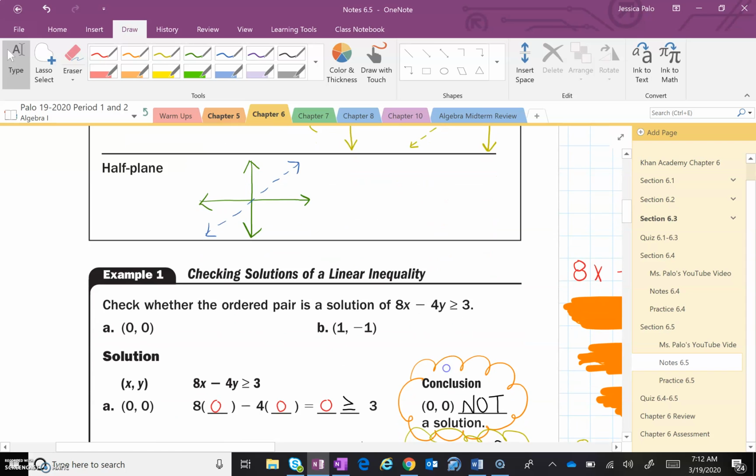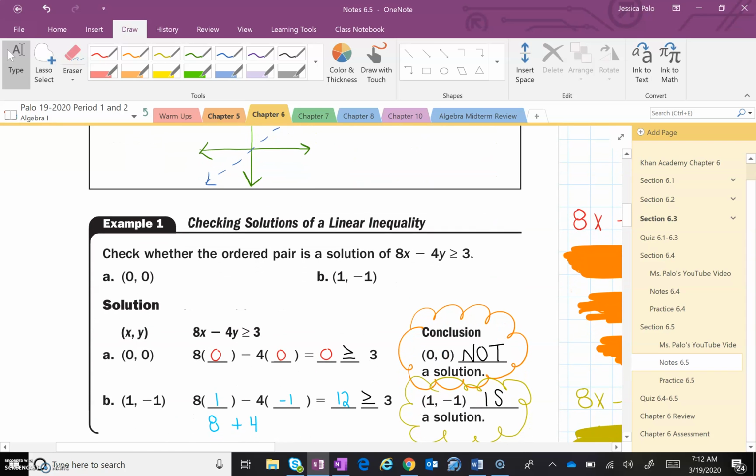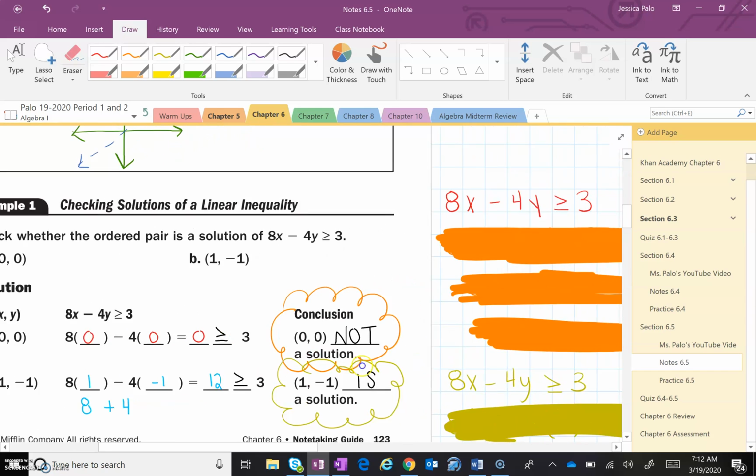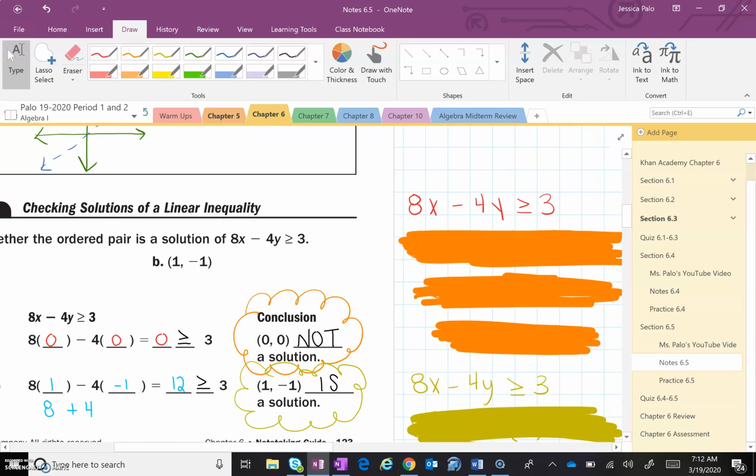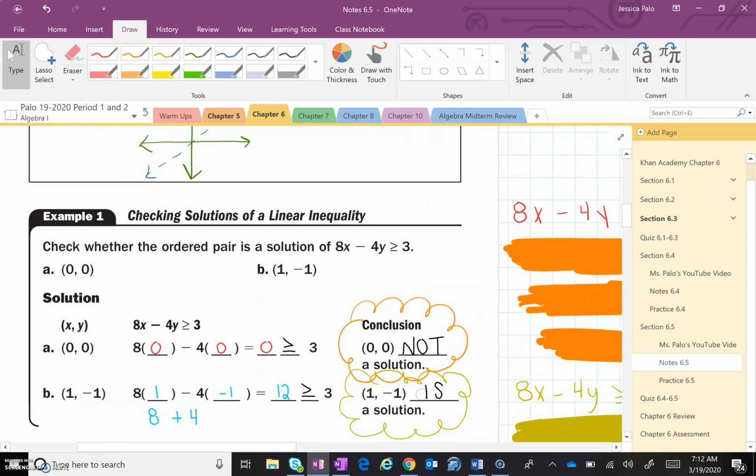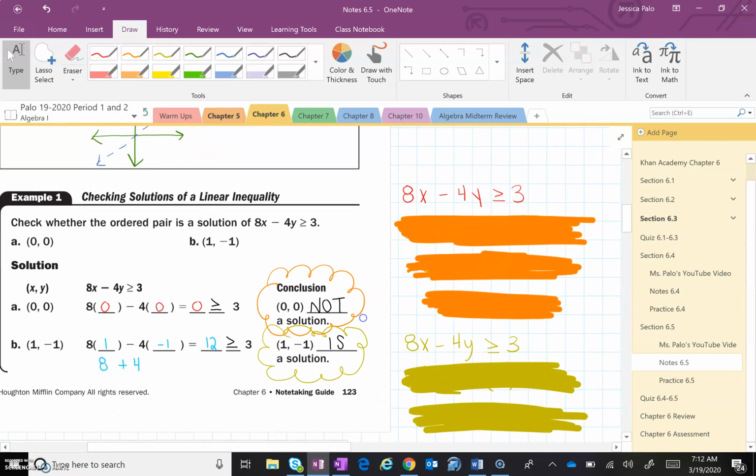Let's take a look at example 1. Let's first just check whether an ordered pair is a solution of an inequality. So we have our inequality 8x minus 4y is greater than or equal to 3. So our first point that we're going to use is 0, 0.